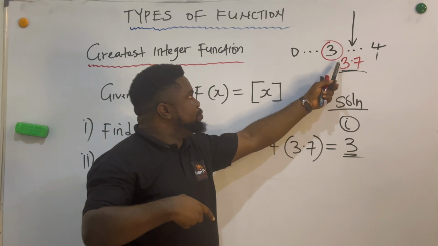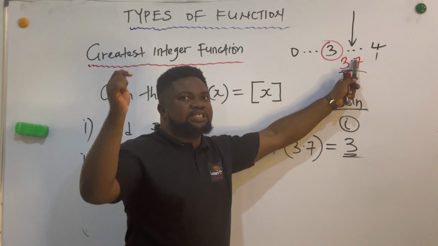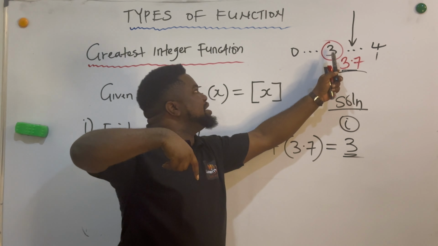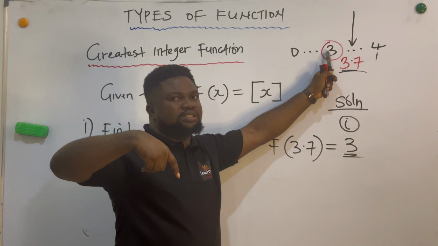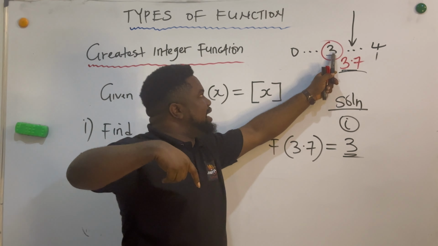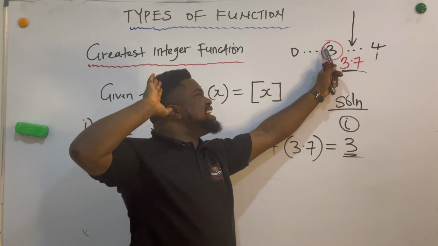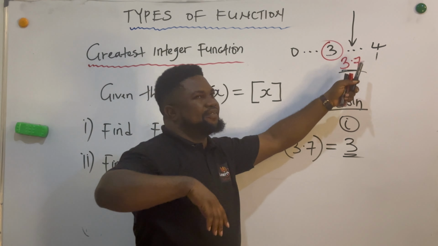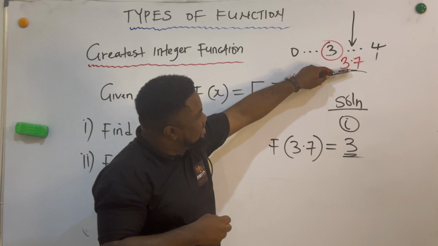That's why between 3 and 4, 4 is not less than 3.7. The greatest that is less than this is 3. I choose 3 and 4 because 3 is the nearest integer to 3.7. I can't just use 2. The greatest integer less than that number.